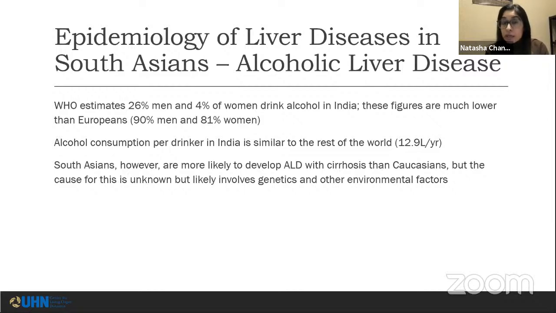The cause for this is unknown, but it likely involves genetics and other factors. Here in Brampton, where I practice, it's been very alarming for me to see the number of young South Asians in their 30s and 40s who I'm diagnosing regularly with alcohol-related liver disease. And I do think it is a public health crisis that we need to start addressing.